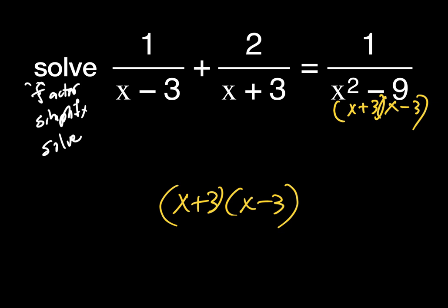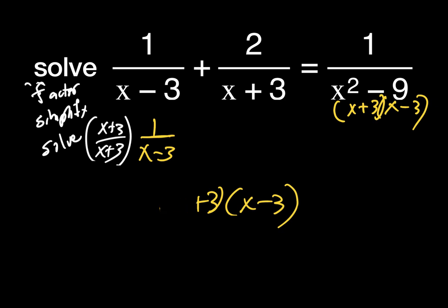Which means this first one up here, the 1 over x minus 3, I need to multiply it by x plus 3 over x plus 3. Remember, x plus 3 over x plus 3 is just the value of 1. Anything divided by itself is 1. So I'm multiplying this by 1, which doesn't change the value of that fraction, just changes how it looks.